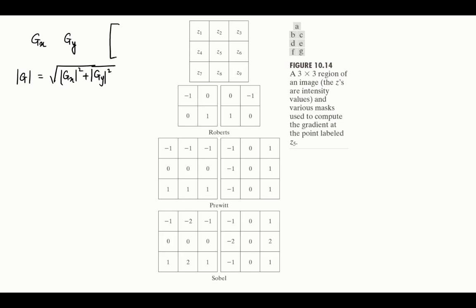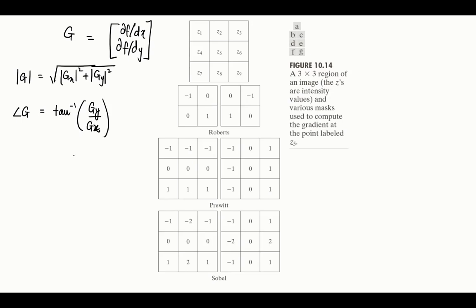The gradient is essentially a first derivative, right? That means the gradient is a vector which will have a magnitude, and it will also have an angle, which is why you also get angle from gradient, and that is simply tan inverse or arctan of Gy upon Gx. What does this angle represent?